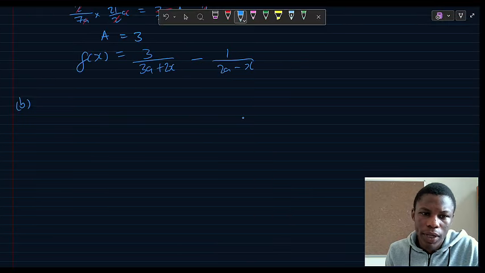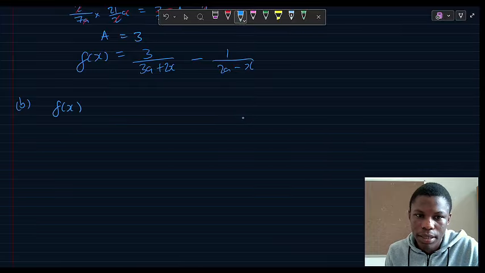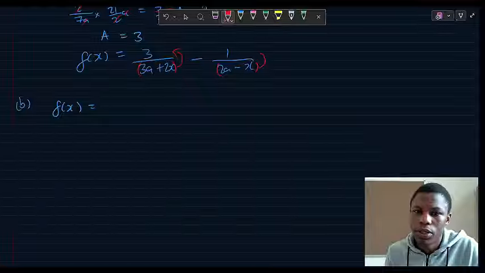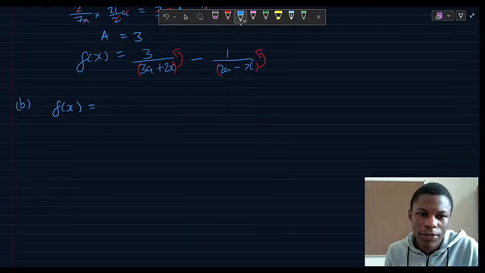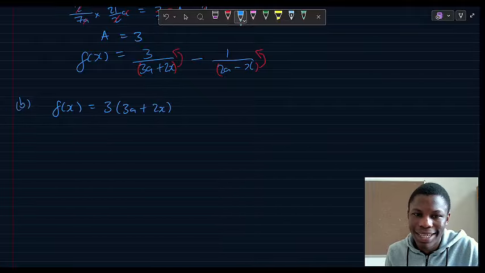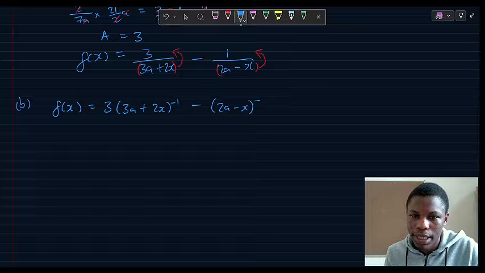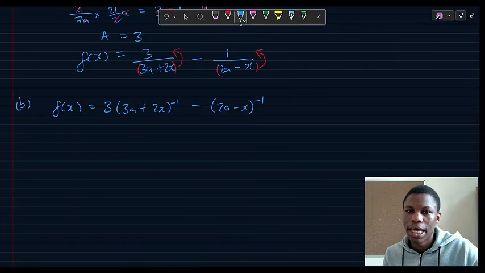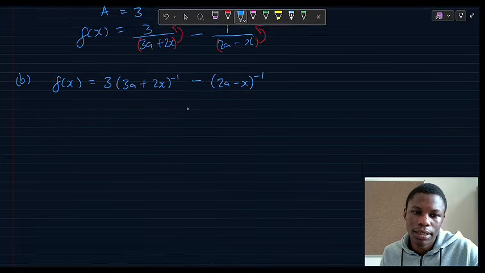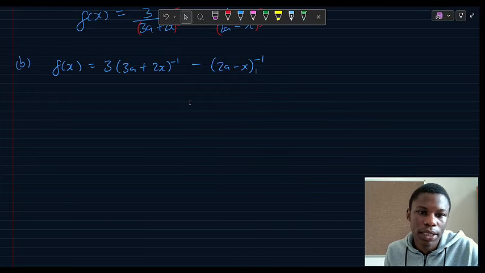So we can write f of x as, if we're going to bring this up to the numerator and this up to the numerator, 3 times 3a plus 2x to the negative 1, minus 2a minus x to the negative 1. And we have to expand this because that's what they want from us.